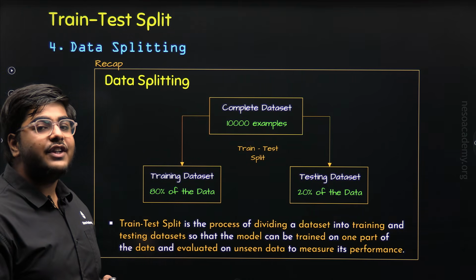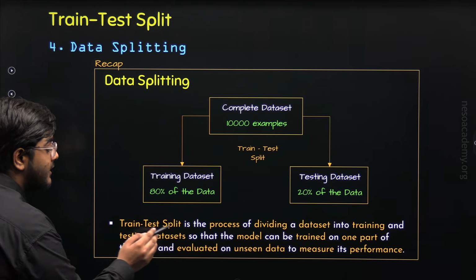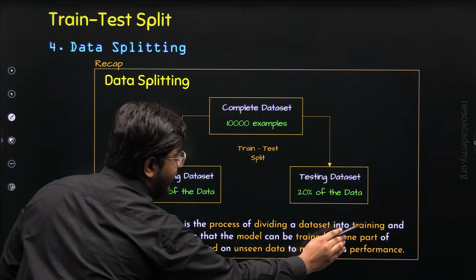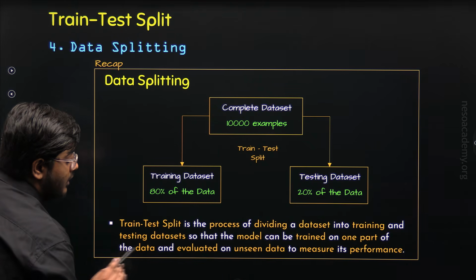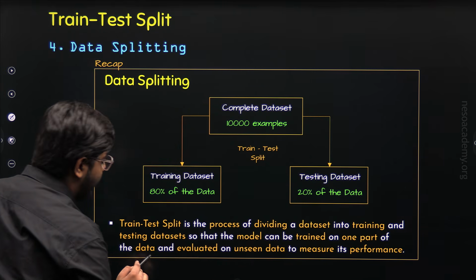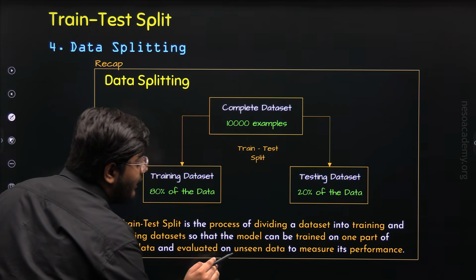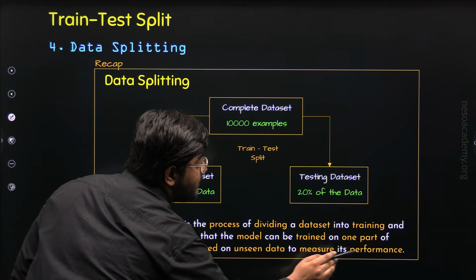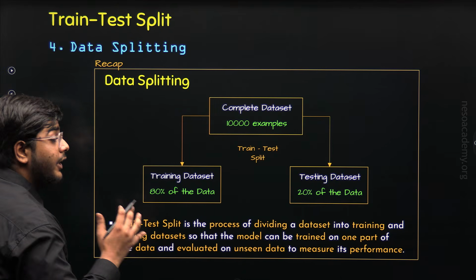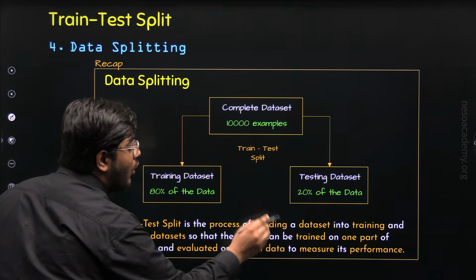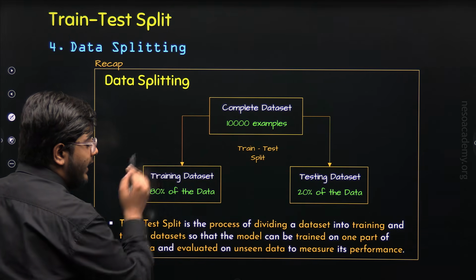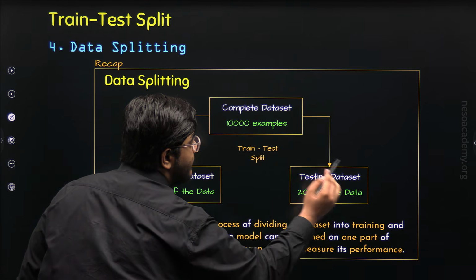Let's quickly revise the definition. Train, test, split is the process of dividing a dataset into training and testing datasets so that the model can be trained on one part of the data and evaluated on unseen data to measure its performance. It simply means that train, test, split or data splitting is the process of dividing total available data into two parts, training dataset and testing dataset.